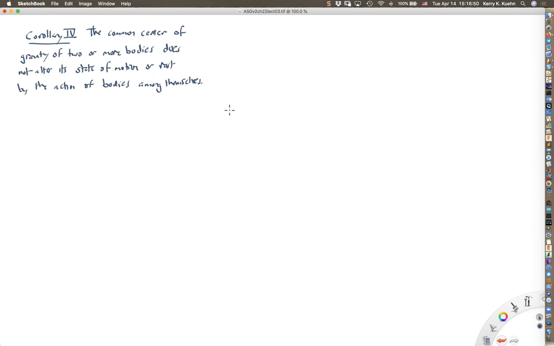Okay, the common center of gravity of two or more bodies does not alter its state of motion or rest by the action of bodies among themselves.